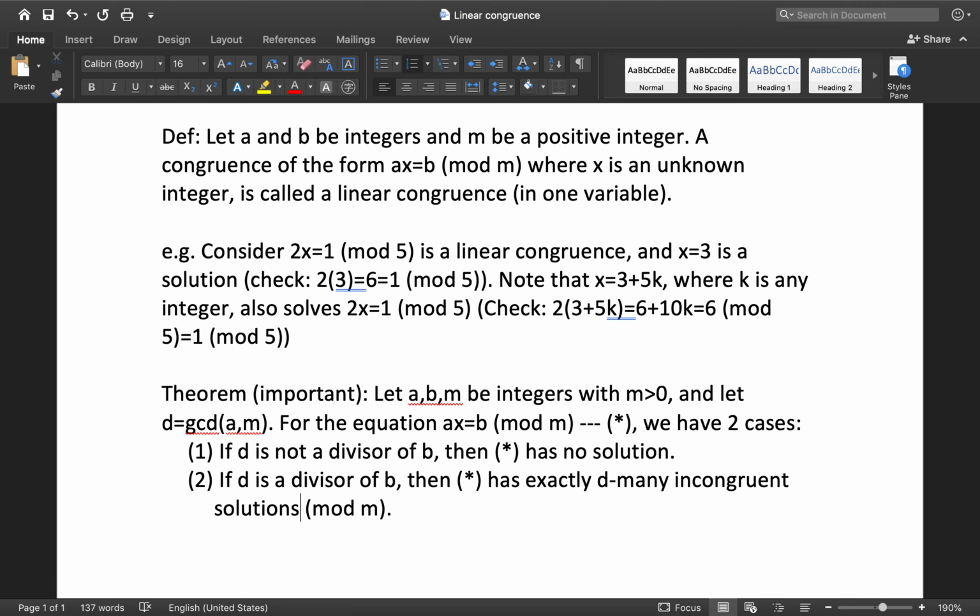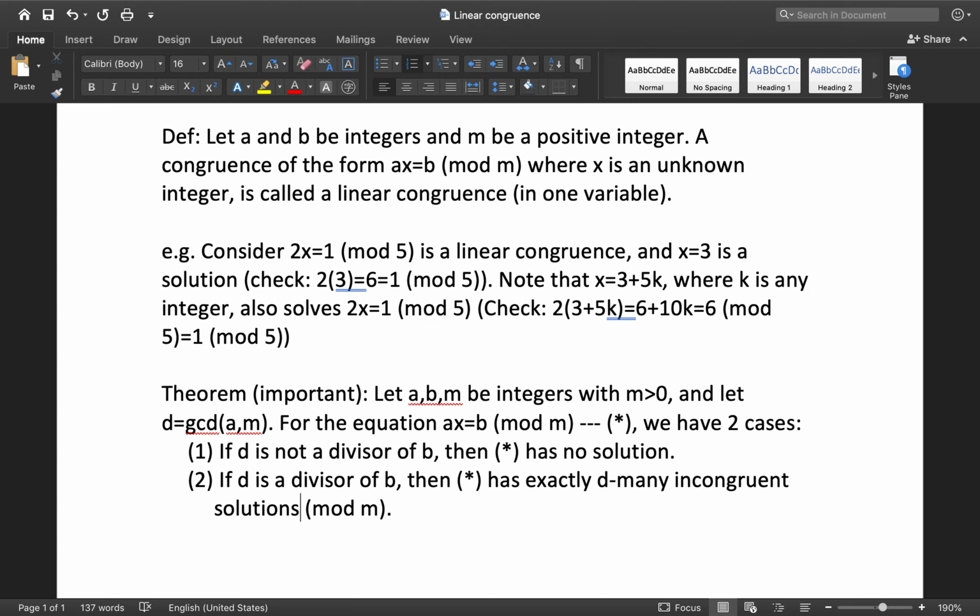So that means you subdivide those solutions into different classes, and here you only have d many classes, even though there may be infinitely many solutions. Just a quick example: you know that integers can only be even or odd.